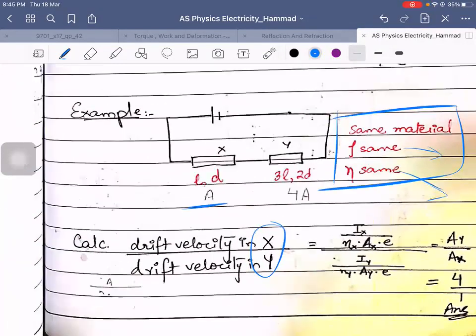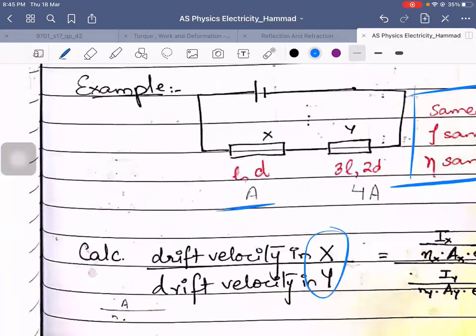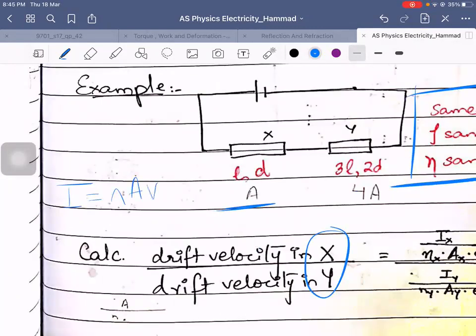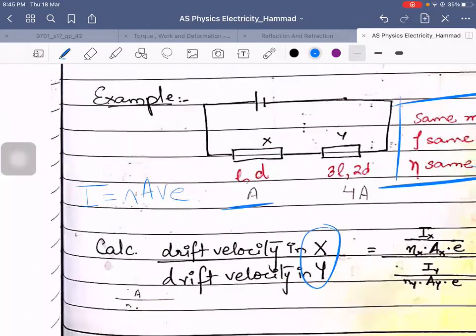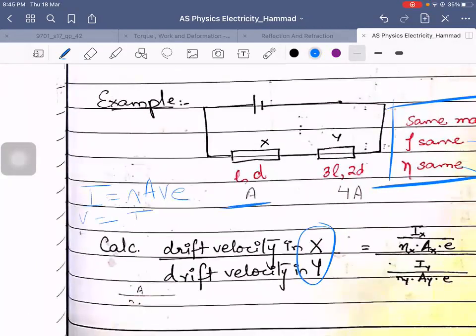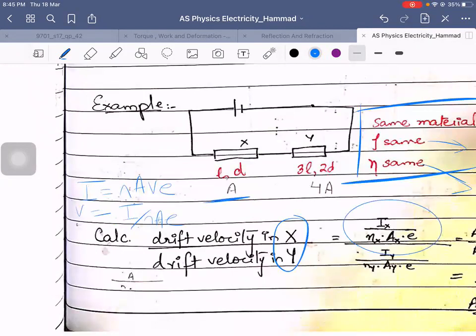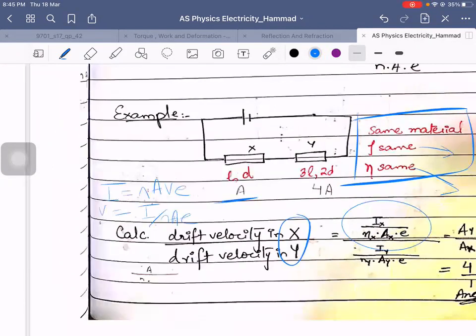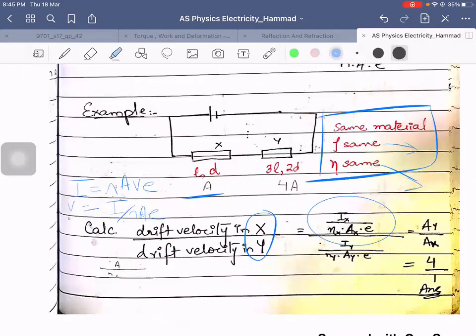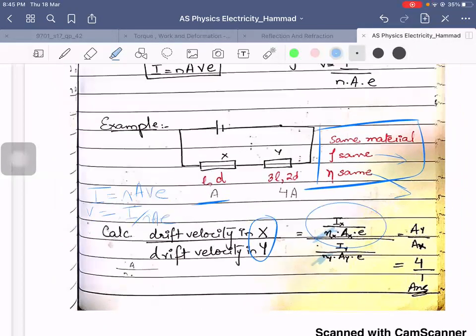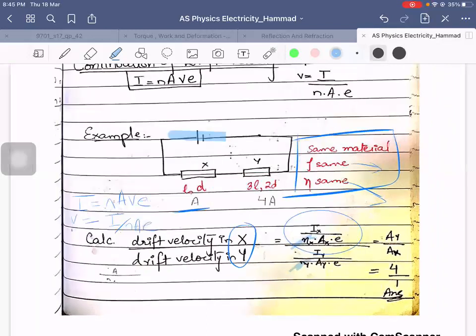Drift velocity, you know for a fact that I is equal to NAVE. So drift velocity is equal to I upon NAE. E is the charge of the electron. N and N are the same values, so they simply cancel off. You need to understand that this is a series circuit, and in a series circuit, the current stays the same as well.